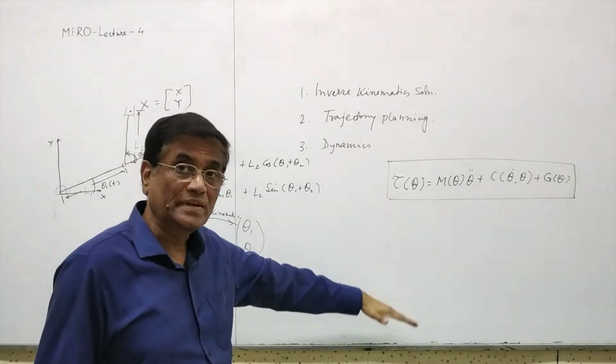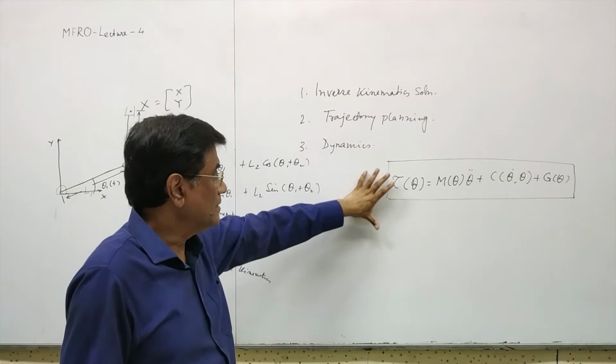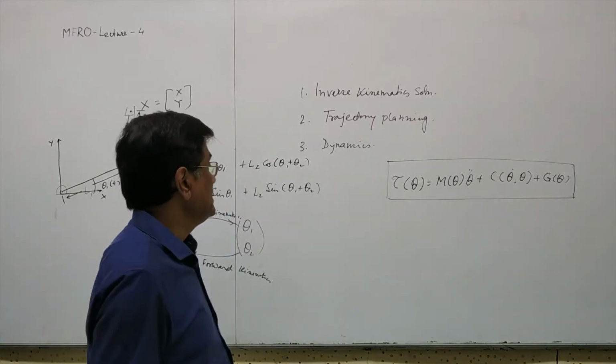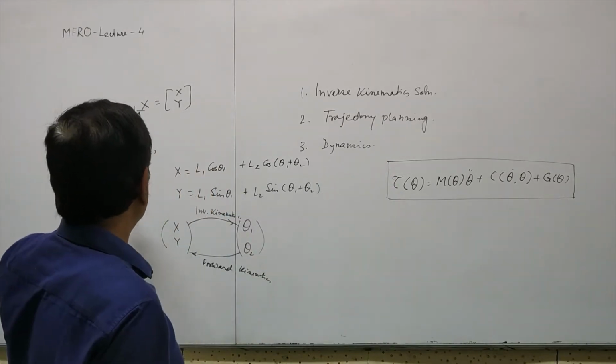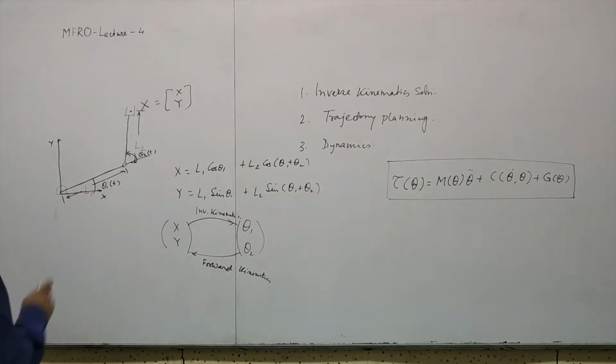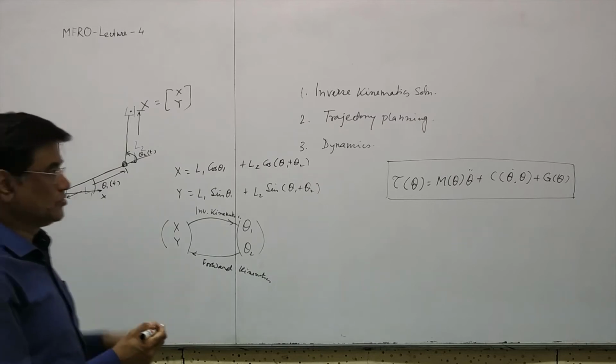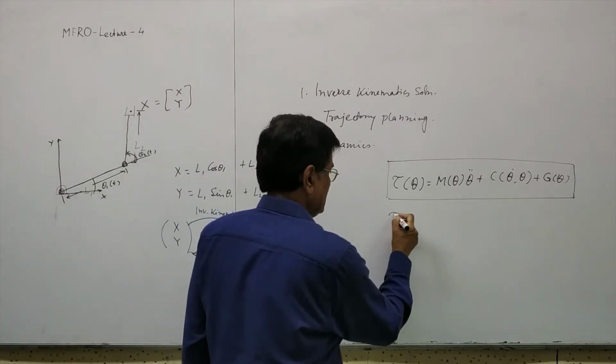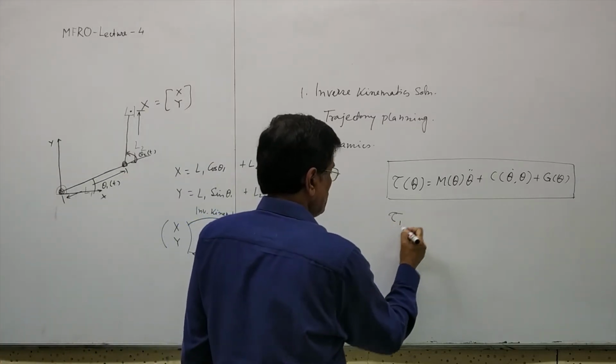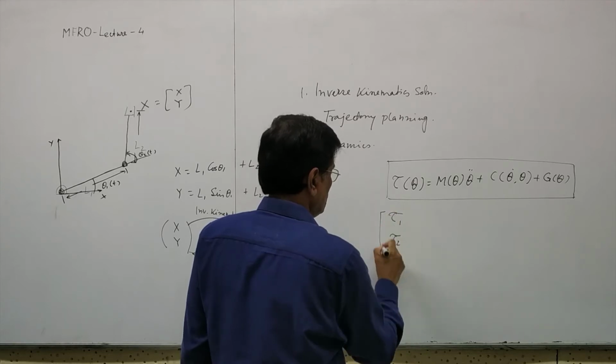This is a coupled form. Coupled form means it is written in matrix form. Say if I have two joints here, one motor will be here, another motor will be here. Each motor will produce torque, so I will have tau 1, tau 2.